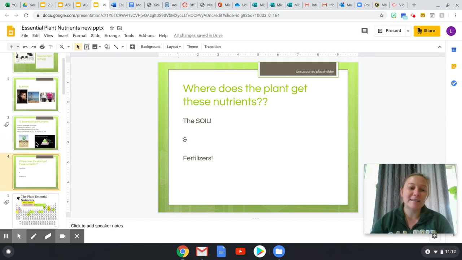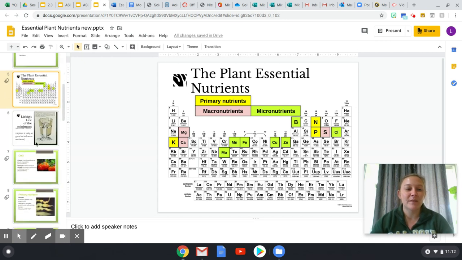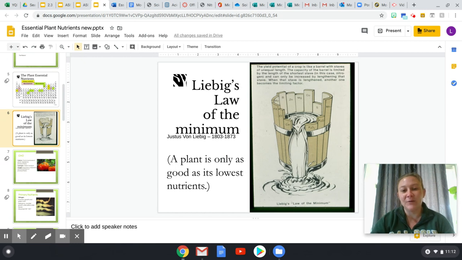So when we look at this week's assignment, we're really going back to those building blocks. Even off the periodic table, we can see these essential plant nutrients that plants need in order to grow. One thing I do want to touch on is the law of the minimum.